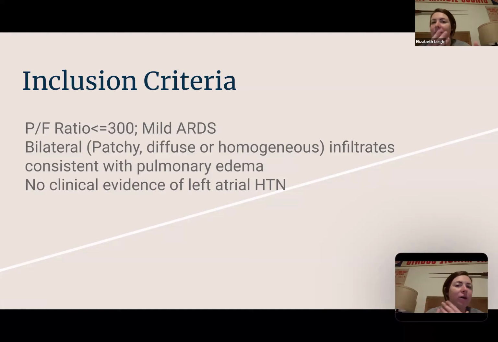When you're talking about a PF ratio less than or equal to 300, we're talking about mild ARDS. Less than 100 is severe. 100 to 200 is moderate. And 200 to 300 is considered more mild.